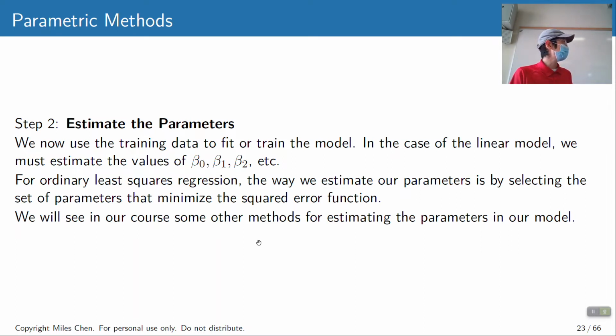And if we're doing least squares regression, which is a very common practice, all we do is figure out the best values that will minimize the squared error, okay? And then there are other ways you could use for estimating what these parameters should be.